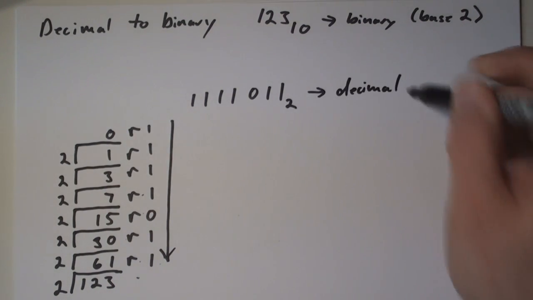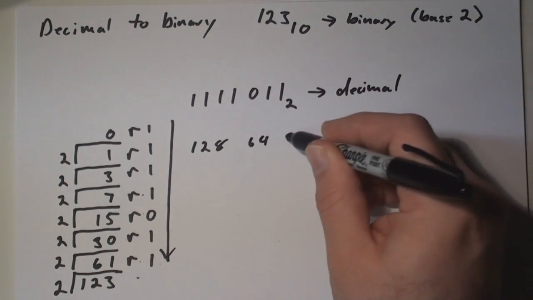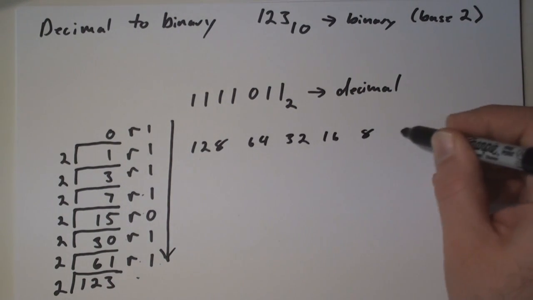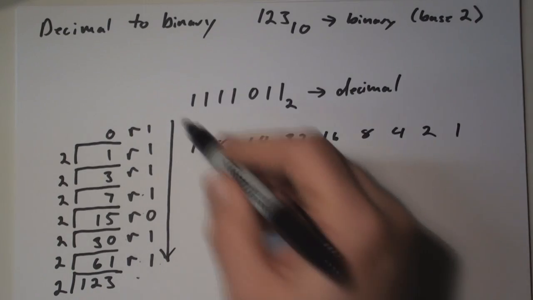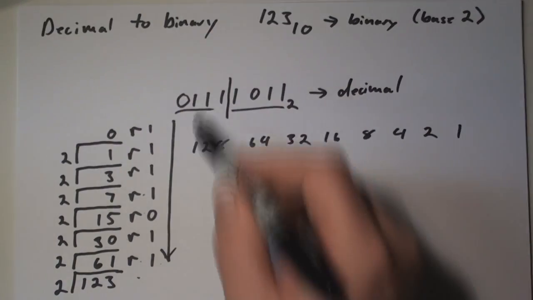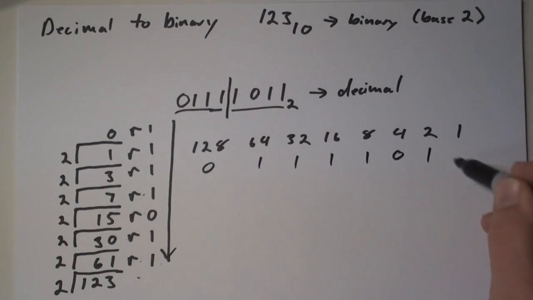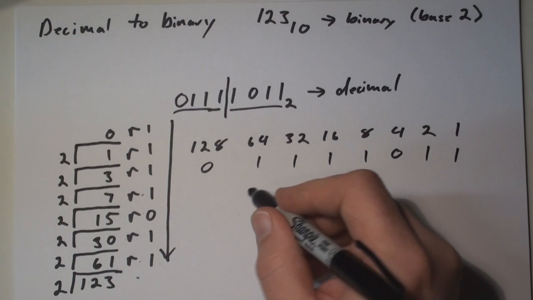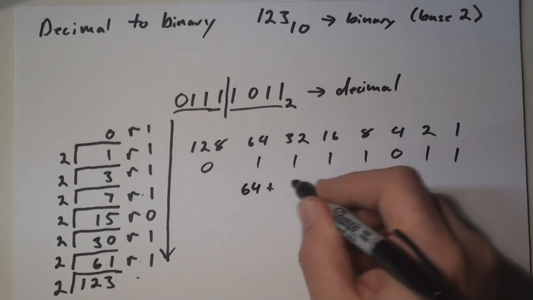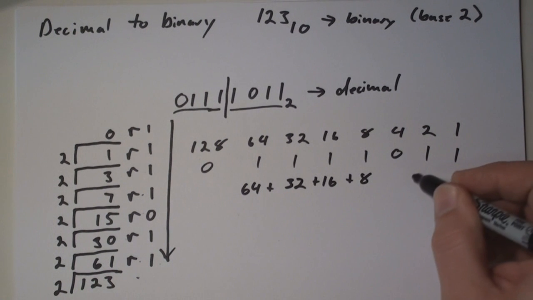1111011. Now we're going to test this by converting this binary number back to base 10. So I'm going to write out the first 8 powers of 2, and I'm going to prepend that binary number with a 0, so I have 2 nibbles, and I'm going to rewrite the binary number here with the weighted columns above. Any place I have a 1, I need to add those up. So 64 plus 32 plus 16 plus 8 plus 2 plus 1.